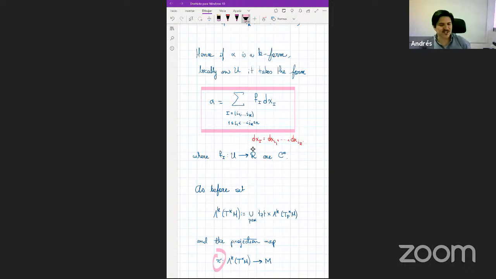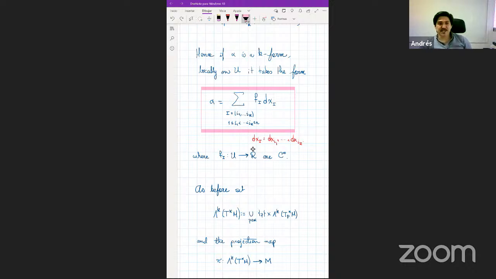We have the projection map. And again, I only have a set and a function. We will make that set into a smooth manifold, and everything together will be a vector bundle.